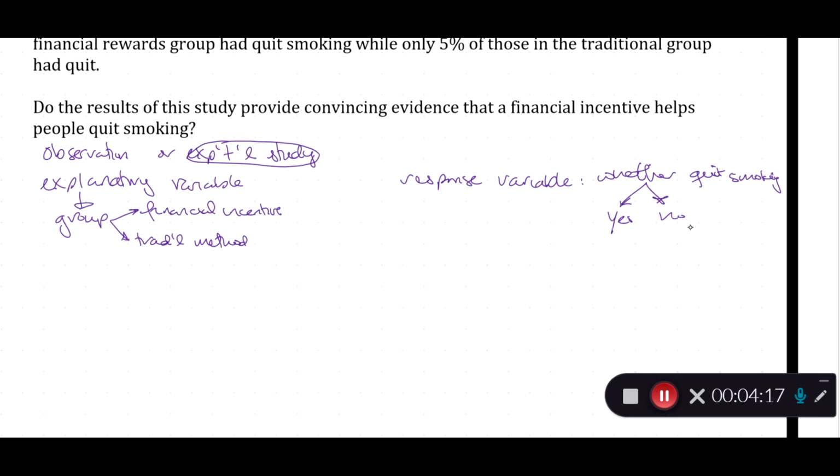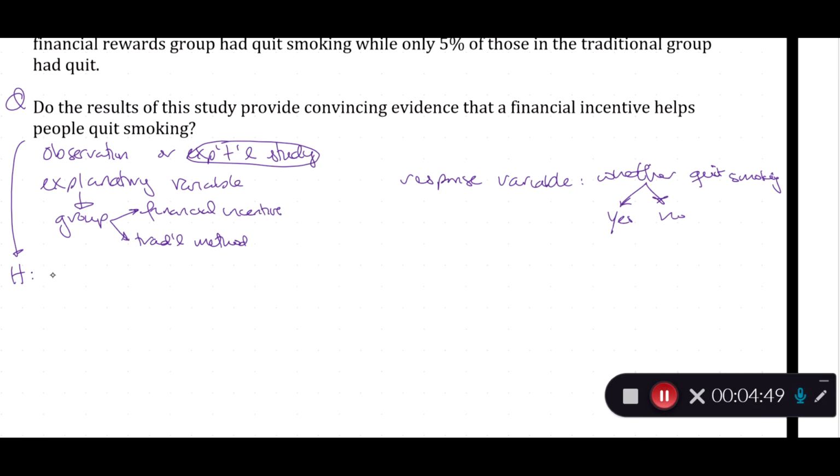The next thing we want to do, now that we've identified our question and the variables of interest and that this is an experimental study, is to state our hypotheses. We want to translate this question into a set of statistical hypotheses. What we might want to say is, if there were no relationship between the group or the incentive that they received and whether someone quit smoking, what would that mean in terms of the probability that someone quit smoking?